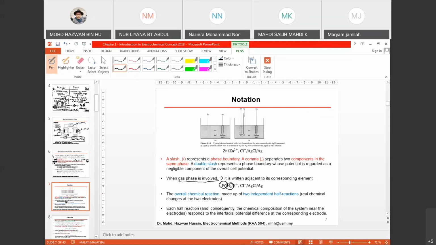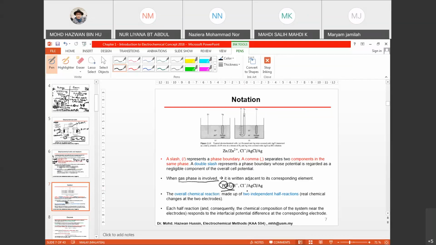Platinum is non-reactive. It can be cathodic. In this reaction, it will be cathodic because in this notation, what you can see is platinum slash hydrogen slash H plus and Cl minus.